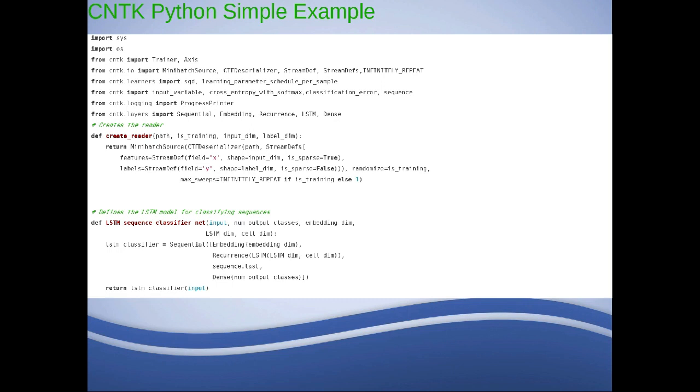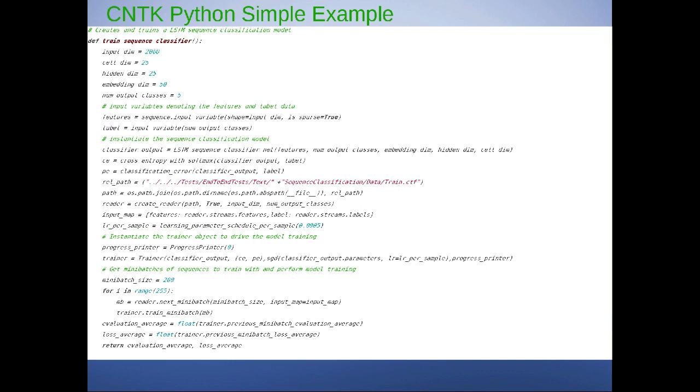This class configures the CNTK text format reader that reads text-based files with specified input dimensions, label dimensions and training flag parameters. The function LSTM sequence classifier net below defines the DNN structure according to the LSTM architecture. This function is invoked later in the program while creating the LSTM model.